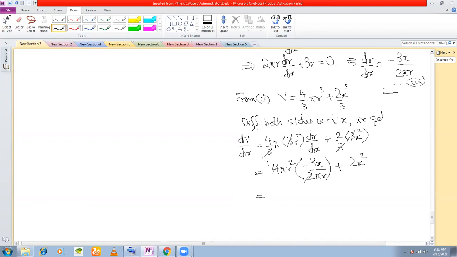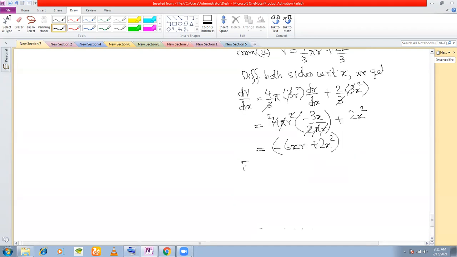Pi and pi will cancel. So what are we getting here? And 1 r will also go, right? So we're getting minus 6xr plus 2x square, right? Now we have got an expression for dv dx.